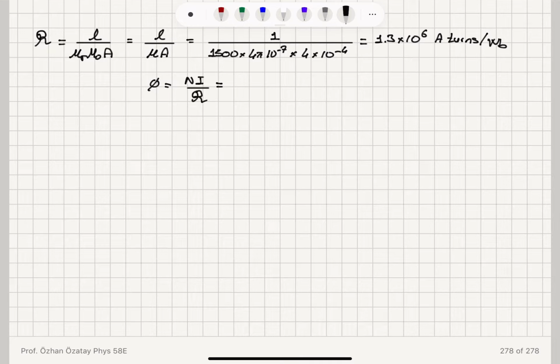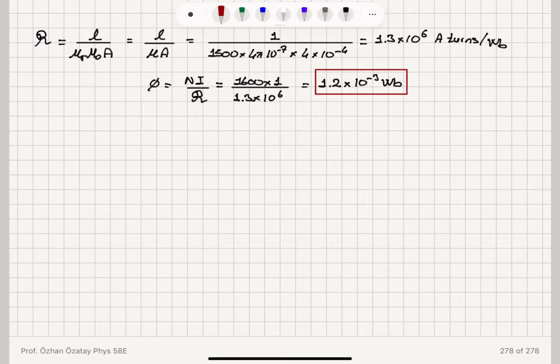This is 1600 turns times 1 ampere divided by the reluctance we have calculated, 1.3 times 10 to the 6, and this gives us 1.2 times 10 to the minus 3 Webers. So that's the flux in the toroid.